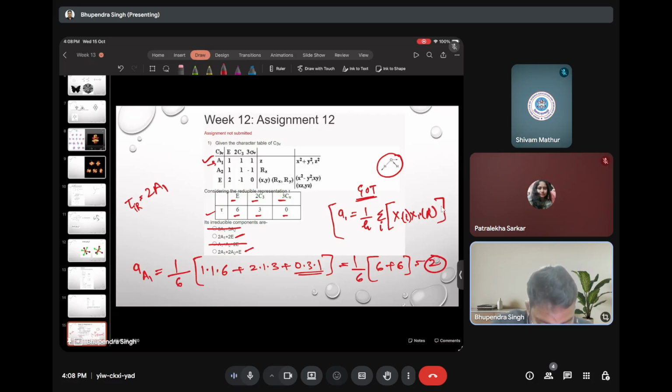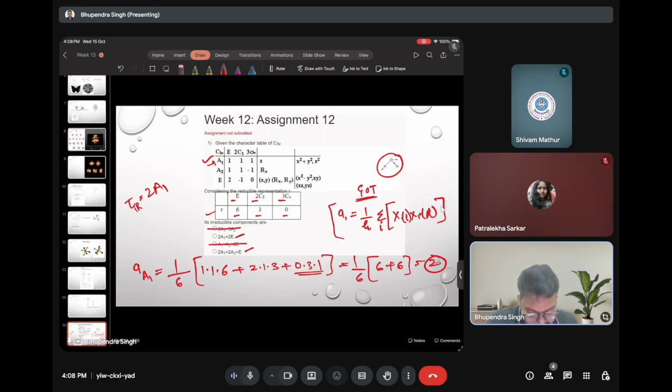Now according to option B, it is 2A1 plus 2E, and according to D, 2A1 plus 2A2 plus E. So we can solve for any of the symmetry species, A2 or E, we will easily get the answer, right?